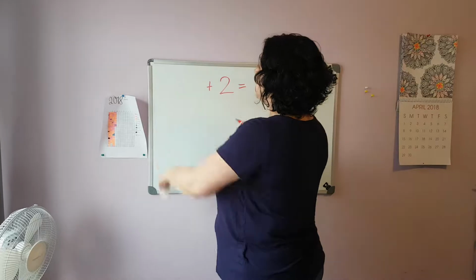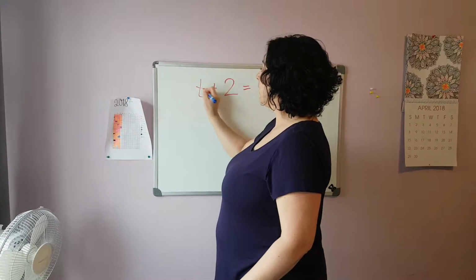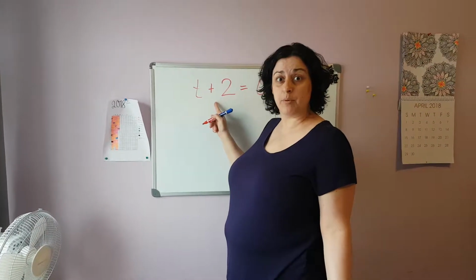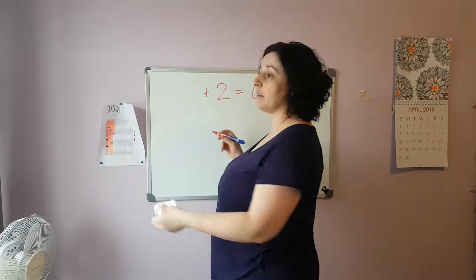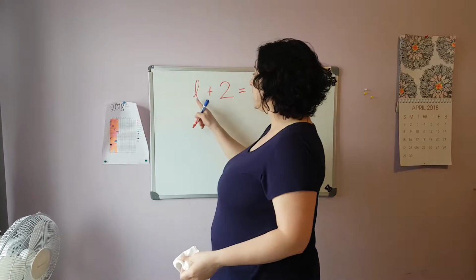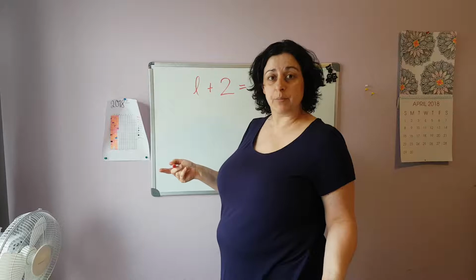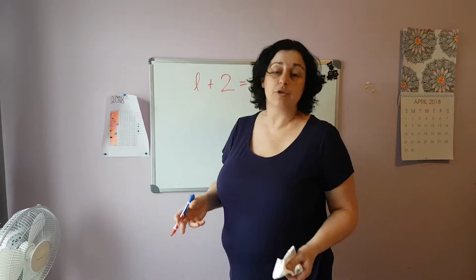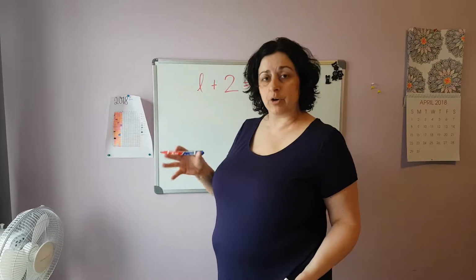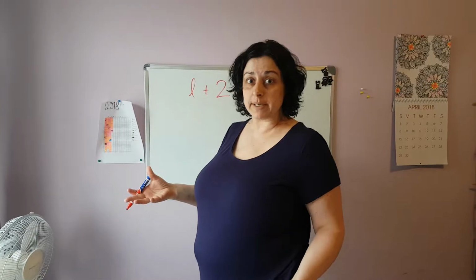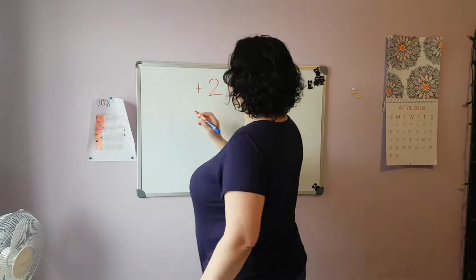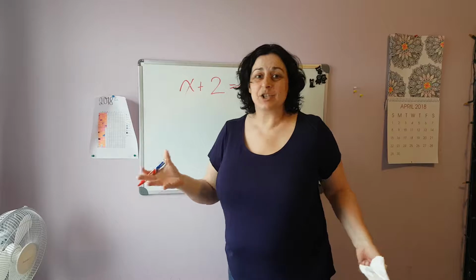So if you're choosing the letter T, you're going to want to make it a little curly so it doesn't get mixed up with a plus sign. If you're choosing the letter L, you're going to want to make it curly because if you don't, you're going to mix it up with the number 1. So whatever letter you're choosing to use, just make sure it's cursive and curly so that it's easier not to mix it up, okay?